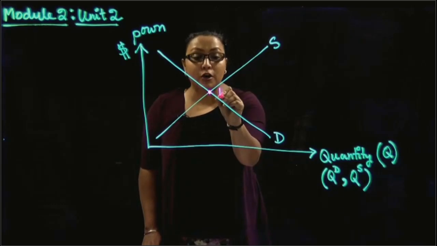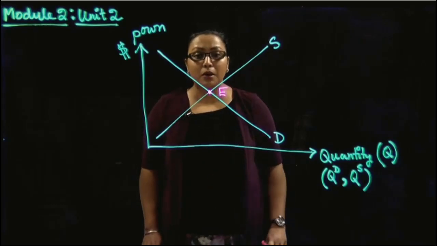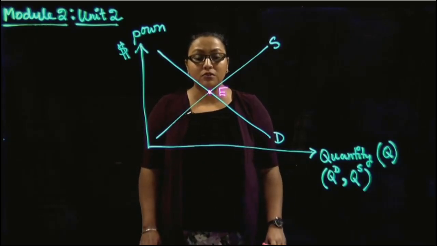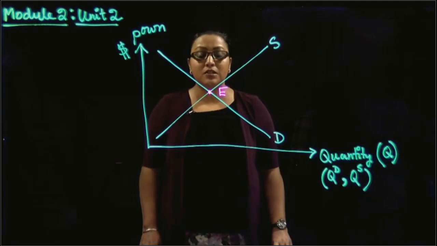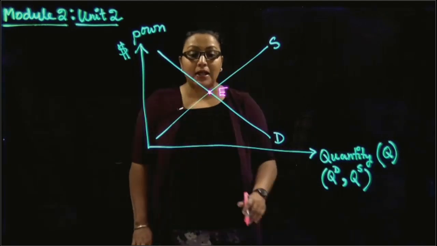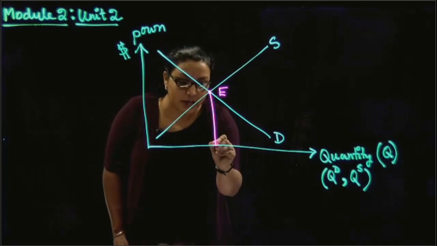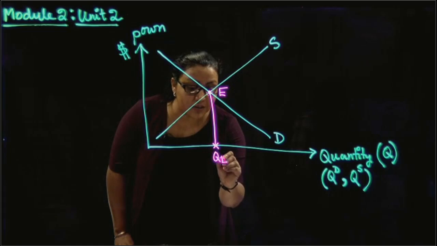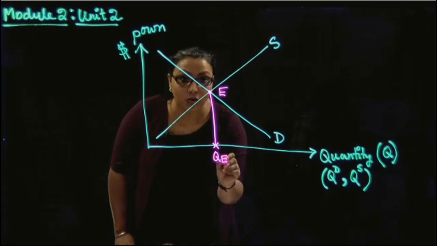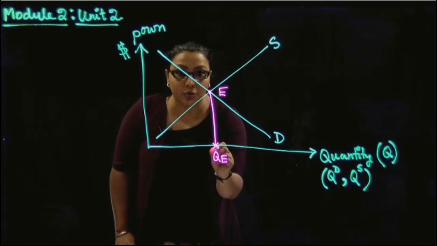And this point of agreement is basically the equilibrium, which we are going to represent with the letter capital E. So capital E represents the equilibrium in the market, and this equilibrium basically tells us that the buyers and the sellers have agreed on a quantity which we are calling the equilibrium quantity QE.